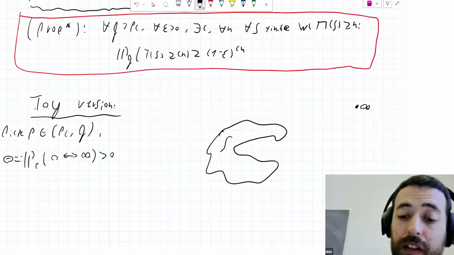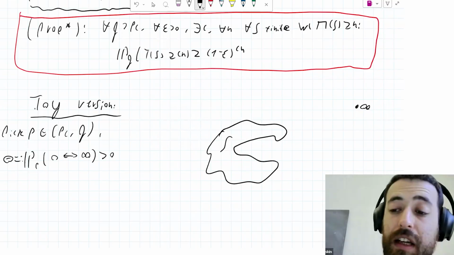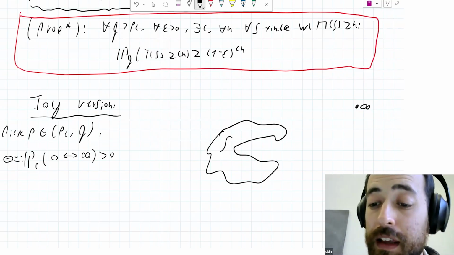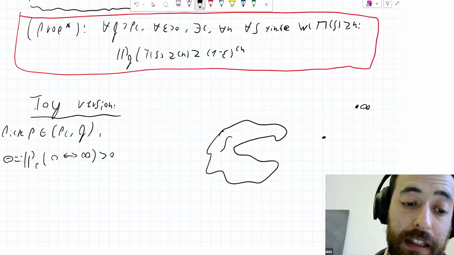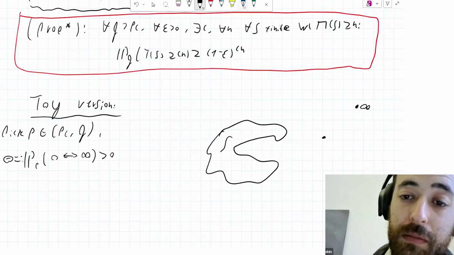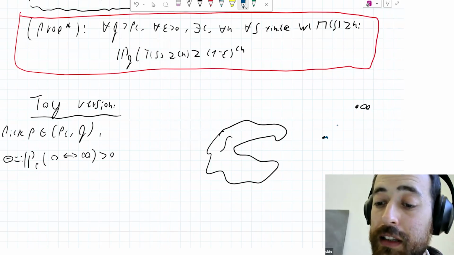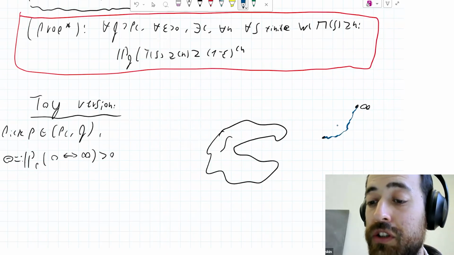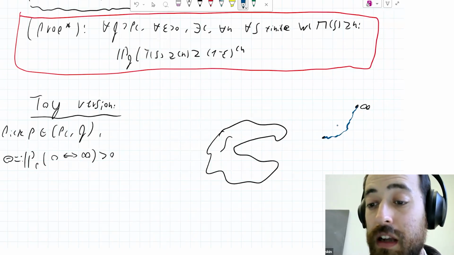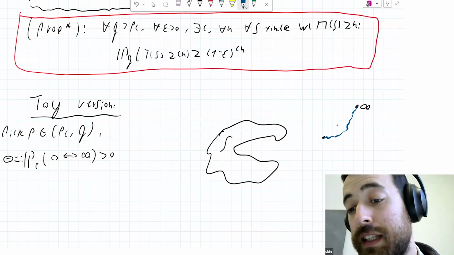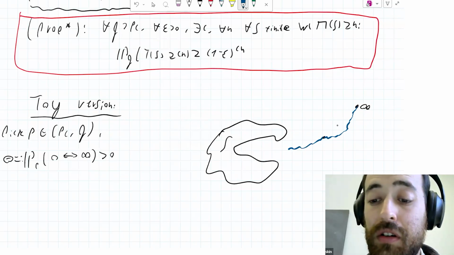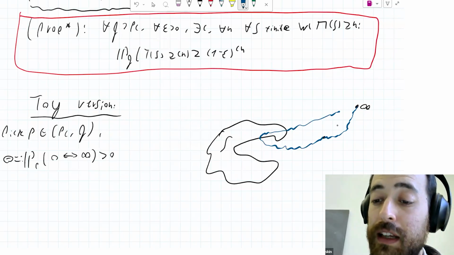Okay, so I have S, I have infinity, and observe that every point that I take, if I look at P percolation, so let me do it in blue, it has chance at least theta to reach infinity. Now, it might happen in two ways. Either it reaches infinity immediately, or it goes through S and then eventually reaches infinity.